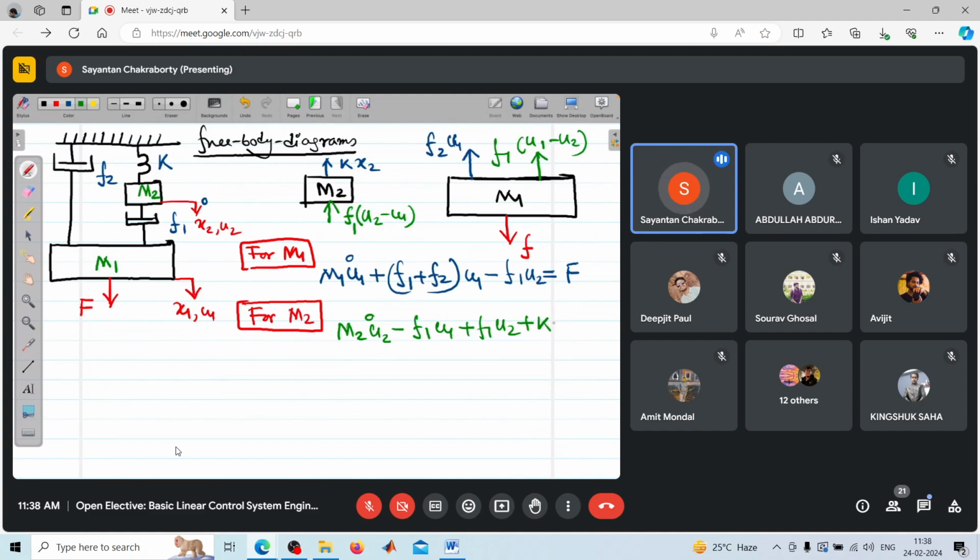I'm writing everything in terms of u1 and u2 because in this force voltage analogy, this u represents current, right? So I will develop a force voltage analogous model first.